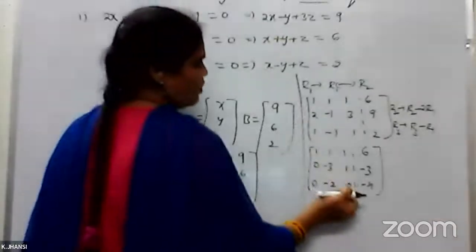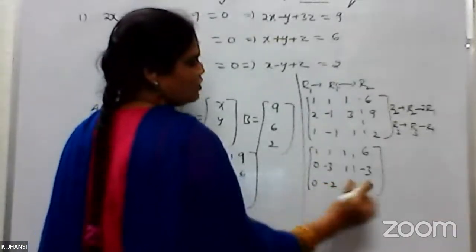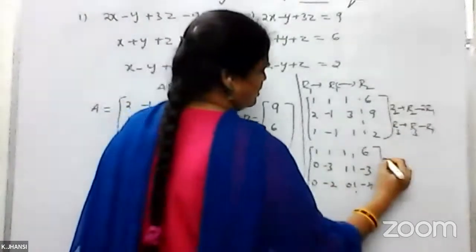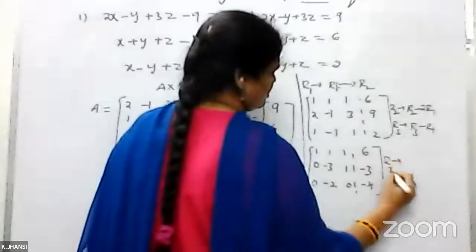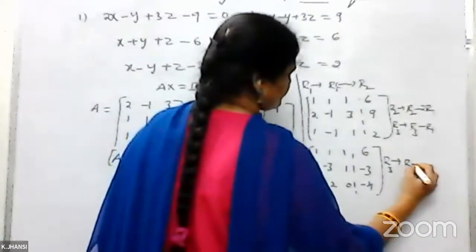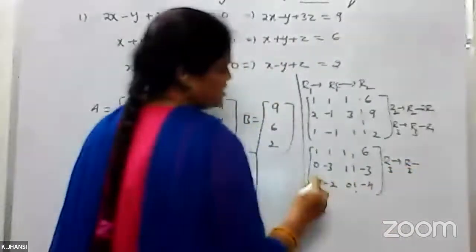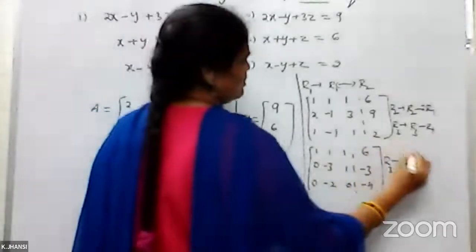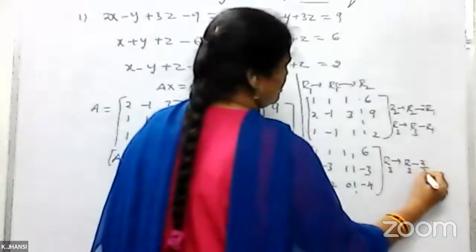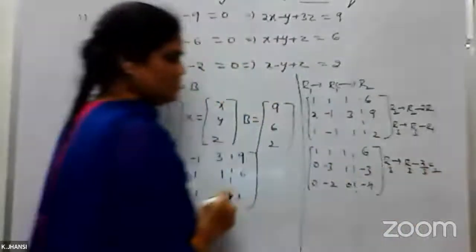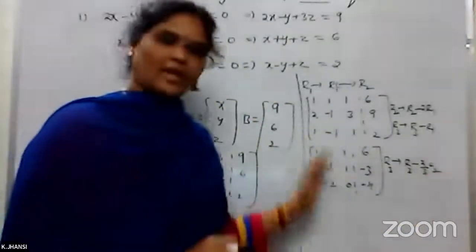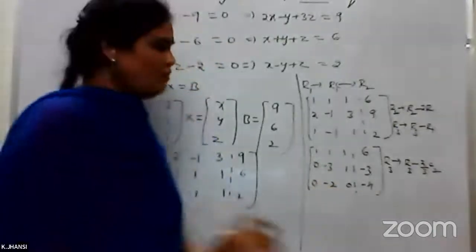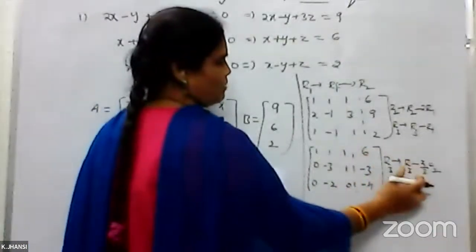Or else, if you want to make the minus 2 a 0, what you can do is R3 minus 2/3 R2. The rank is the same, 3 only. Just to make this element 0, we do R3 minus 2/3 R2.